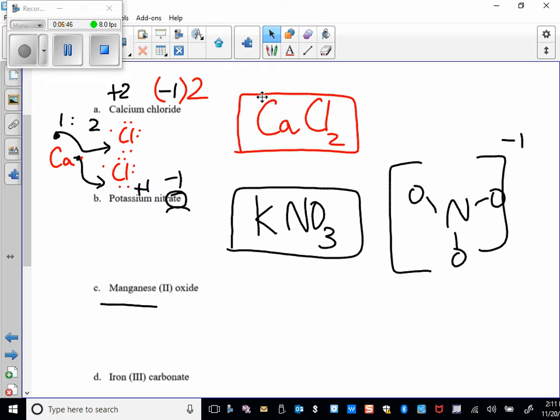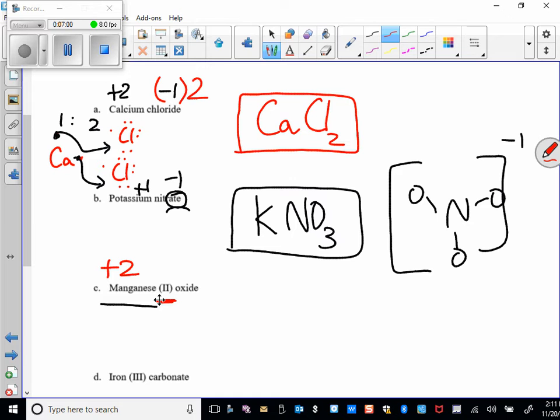What is the charge of manganese when you look at the name of the compound? Kate. Very good. So the charge on manganese is provided in the Roman numeral. So the charge of any transition metal other than cadmium, zinc, silver will be provided as a Roman numeral. Is that understood?